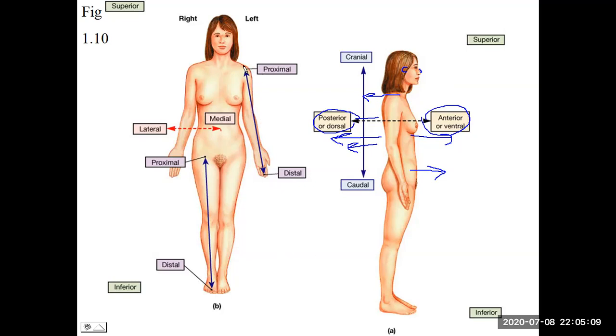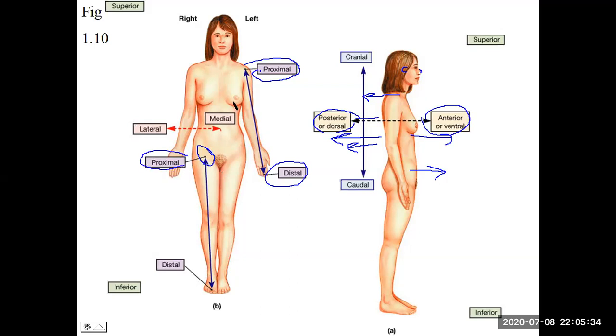We now have the paired terms proximal and distal. And for now, a good way to use them is with the extremities. It can be used along the length of many other structures, but the arms and legs are a good example for now. The term proximal truly means towards the origin, the beginning of something.